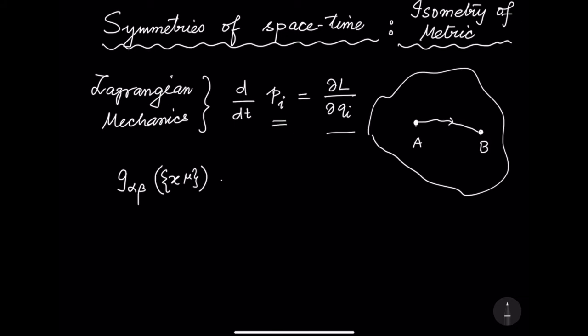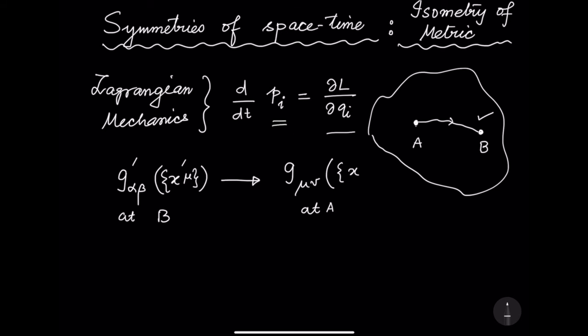This goes to G, say, G prime mu nu. I have a coordinate transformation. So this is here, this is at B, and this is at A.